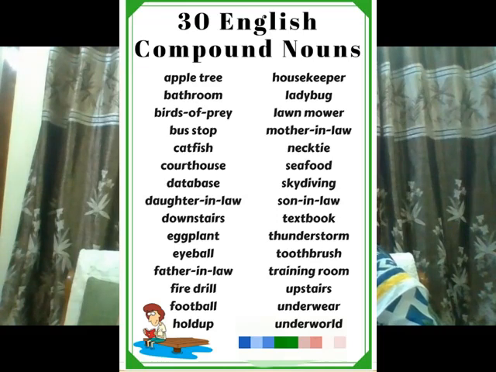These words are created without giving a gap. Then in the hyphenated method, you can name a few examples like birds of prey, daughter-in-law, father-in-law, etc. In these words, hyphens are used between the words to create a single word, which is a common compound noun, which you should always remember.